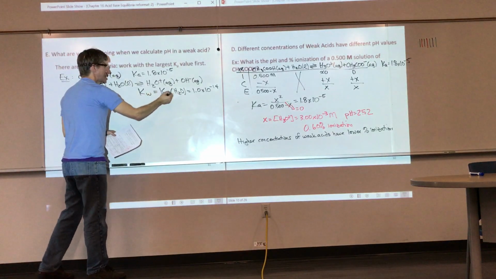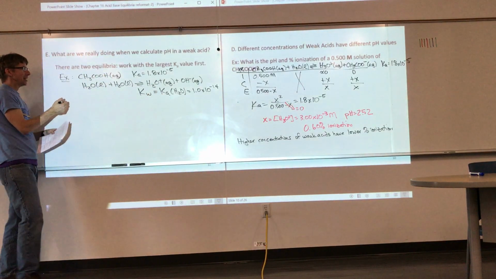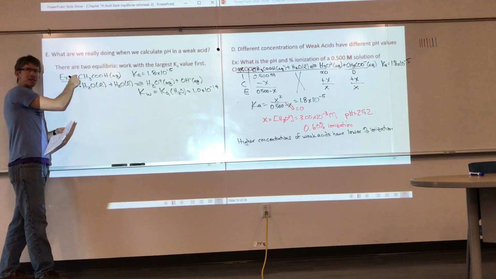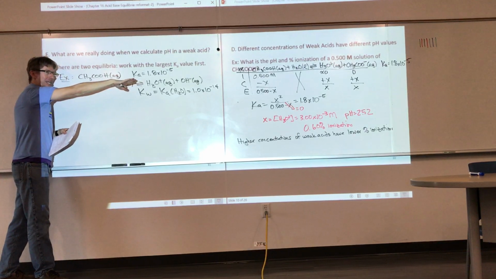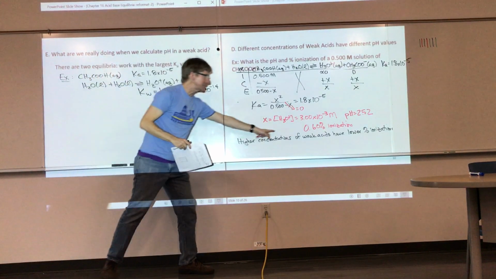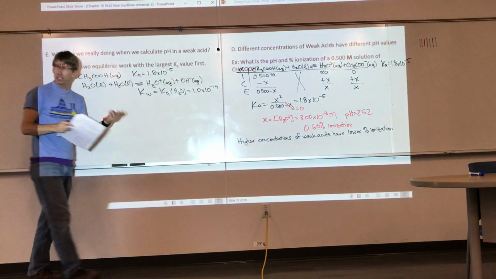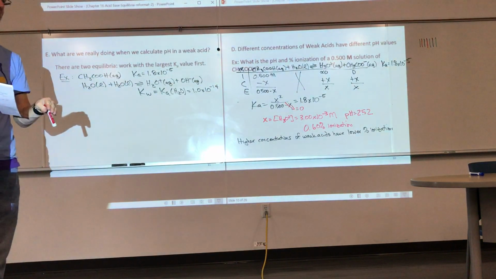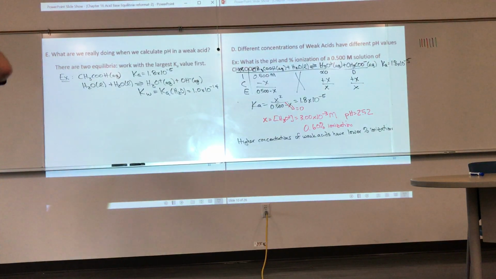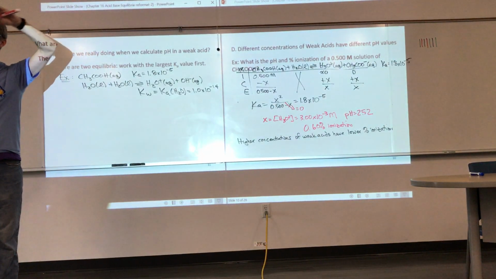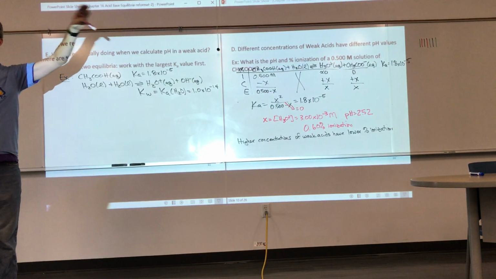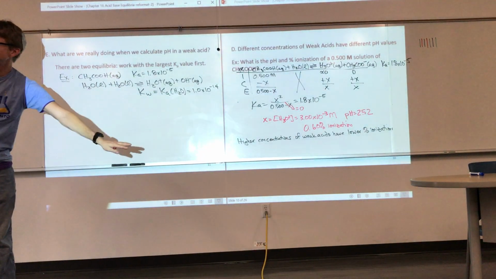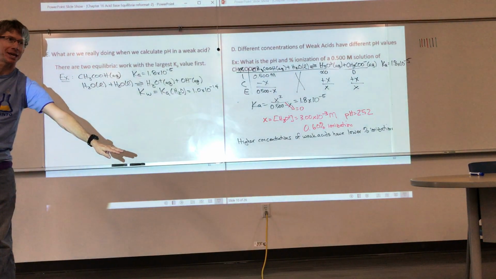What we're doing really is taking the strongest acid, it's still weak, sorting out its ICE table. Then when we do this pH thing down here, we're dealing with the next strongest acid, and that's always what you do. You always deal with the largest value of the equilibrium constant first. The next one, very rarely you'll have to deal with the third one to get the answer that you want.